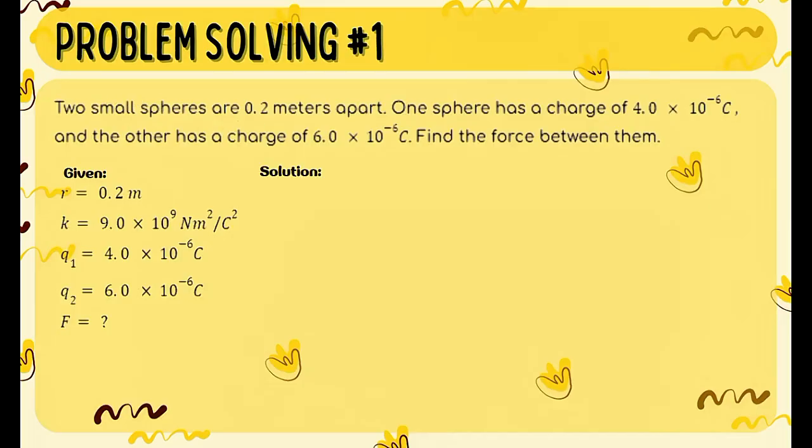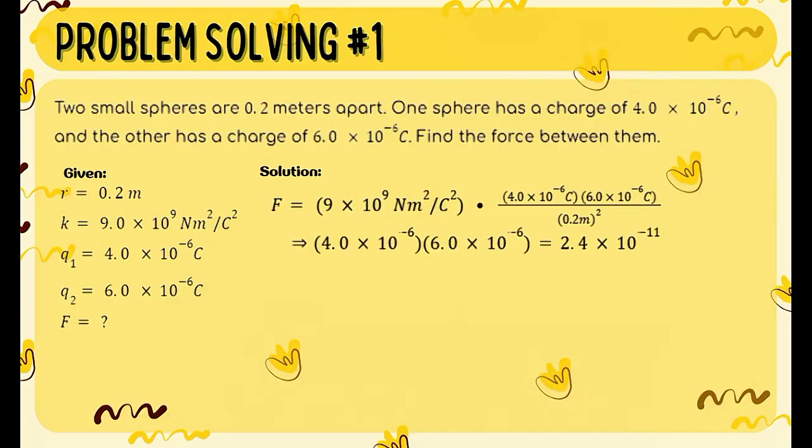Now, let's plug in the values. F equals 9 times 10 to the power of 9 newton meter squared per coulomb squared, multiplied by the quantity 4.0 times 10 to the negative 6 times 6.0 times 10 to the negative 6 divided by 0.2 squared. Multiplying the charges gives 2.4 times 10 to the negative 11. And squaring the distance, 0.2 squared equals 0.04.